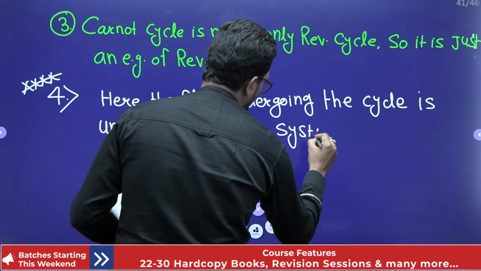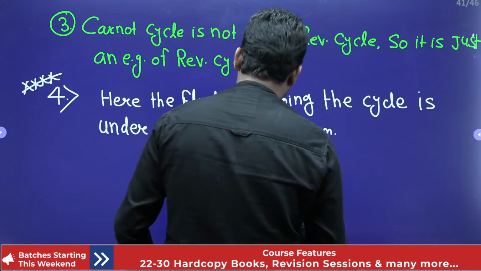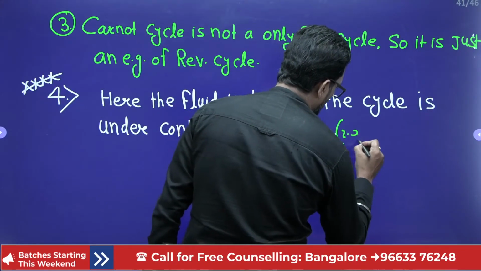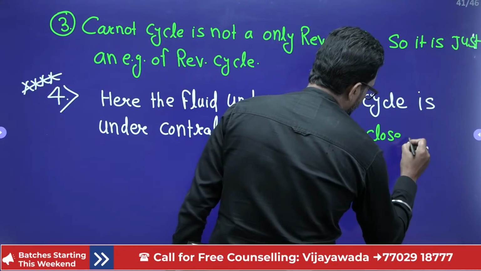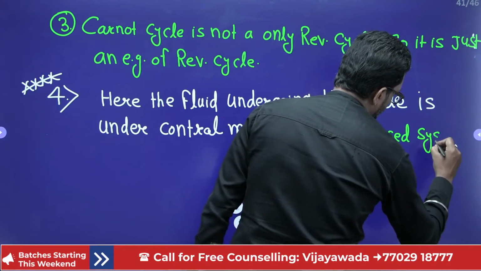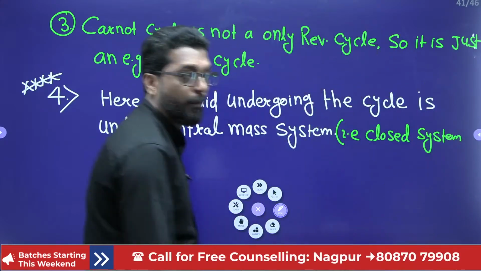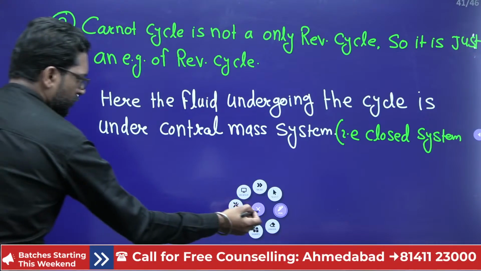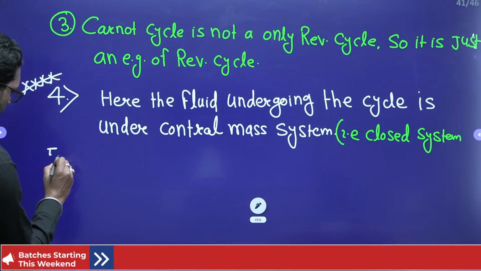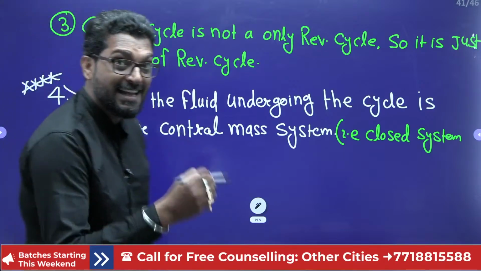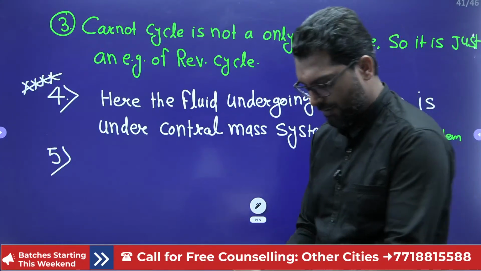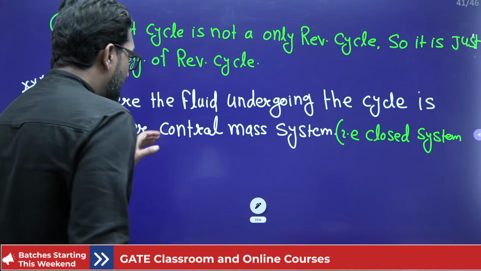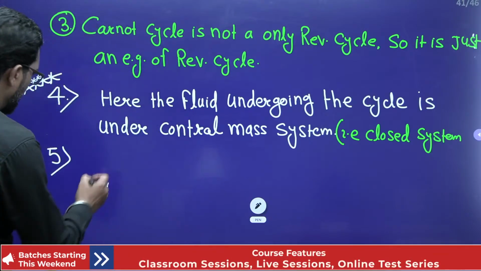Very important. That means a control mass system is a closed system. Okay, this is also very important, I am telling you. Now, this is note number 4. Now, what is note number 5? That means the Carnot cycle is a closed system.